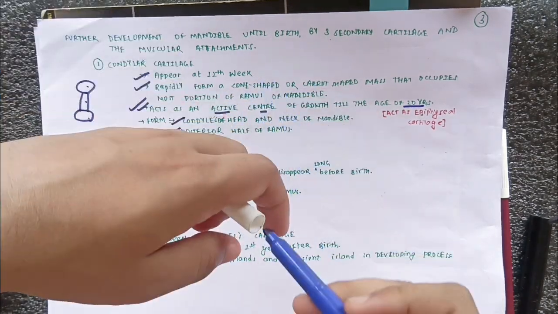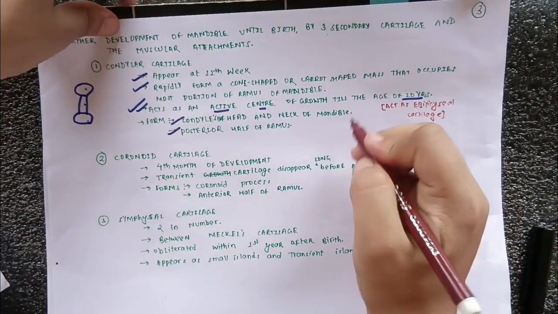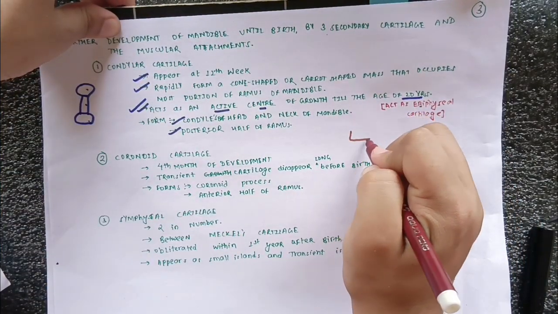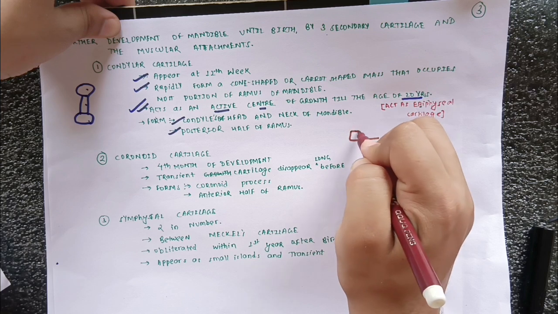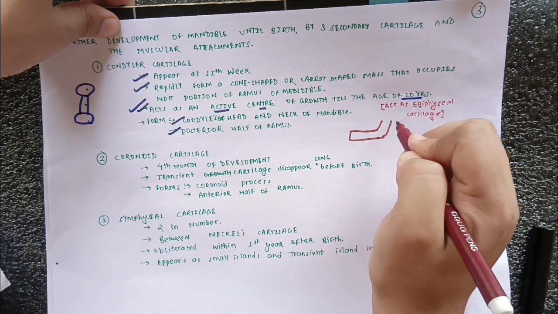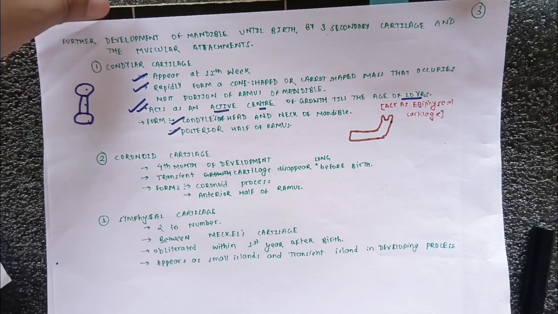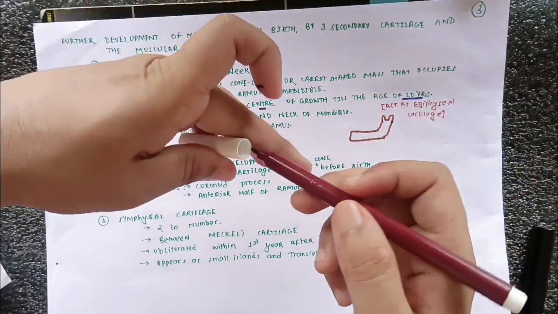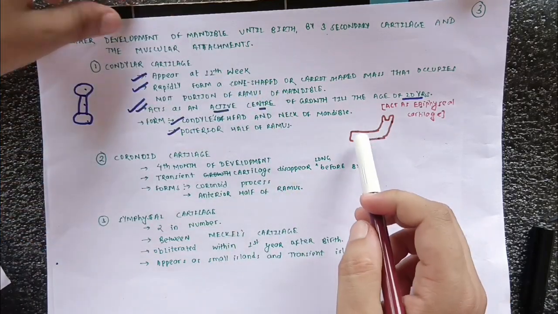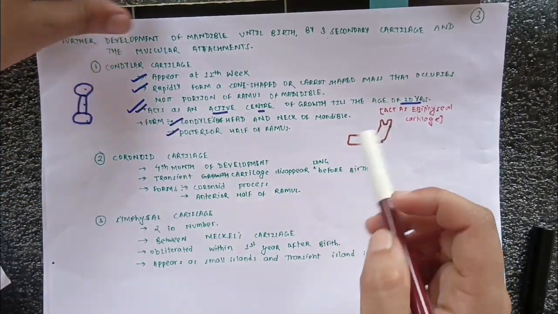I will draw a rough schematic diagram here. So this is the ramus, this is our coronoid process, and this is our condylar process. In this picture, as we can see, this is the body of the mandible and this is the ramus of the mandible.